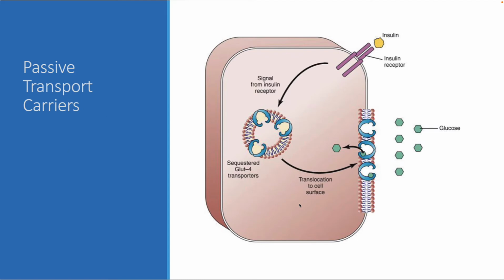Now there are passive transport carriers too, and a great example of that is the insulin receptor. So the insulin receptor exists on the cell membrane, and when insulin attaches to it, it activates this and sends a signal to these GLUT4, which is glucose transporters.